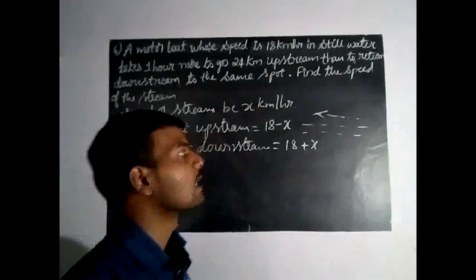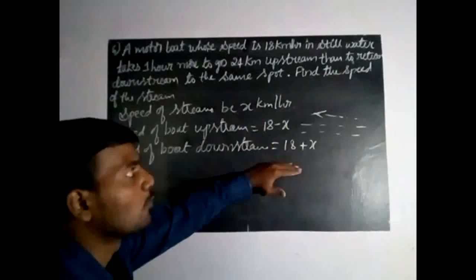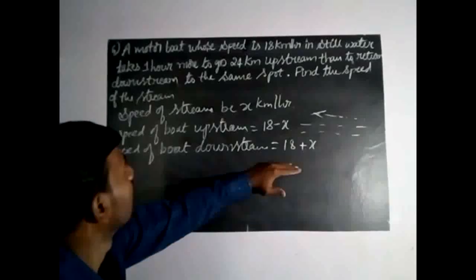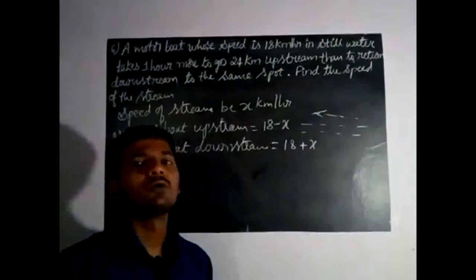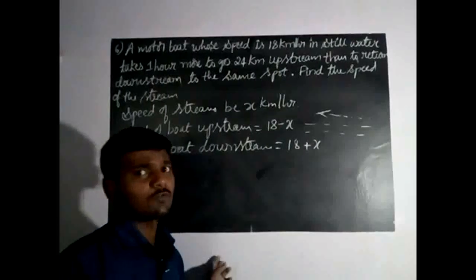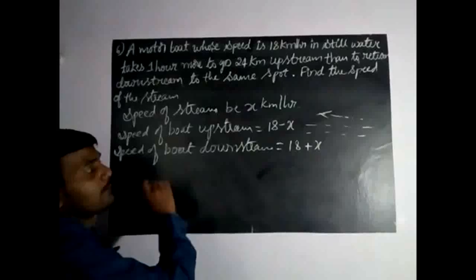Now the time taken by the boat to travel 24 km. According to the given question, we can write the time taken by the boat upstream and downstream.